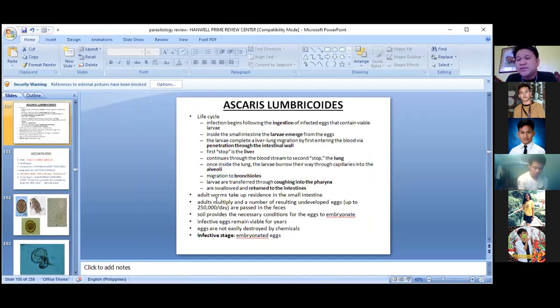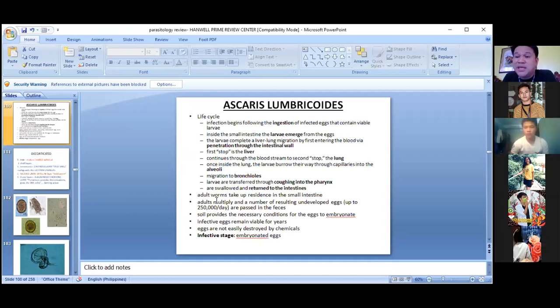Now, there was one question in the board exam several years ago that allowed our students to interpret the results. Like, all of the Ascaris lumbricoides ova seen in stool were immature. So what is the implication? Yun ang tinanong sa board exam. Anong ibig sabihin kapag lahat ng nakita mong ova ay immature? Ang sagot dyan ay there are no male adults inside the intestines that fertilized the female.